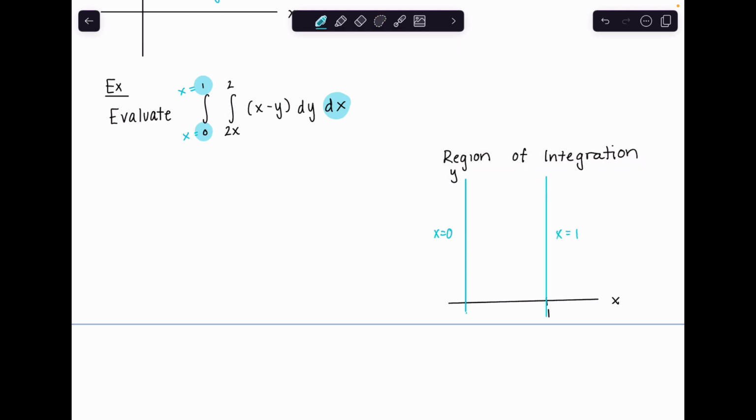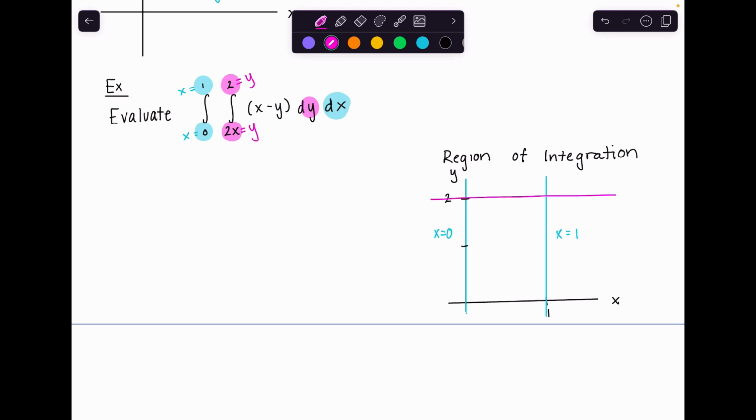Okay. Then I'm going to move on to other bounds, which deal with y. So this is the equation y equals 2, and this is the equation y equals 2x. Well, y equals 2 is just a horizontal line, so that's the line right up here.